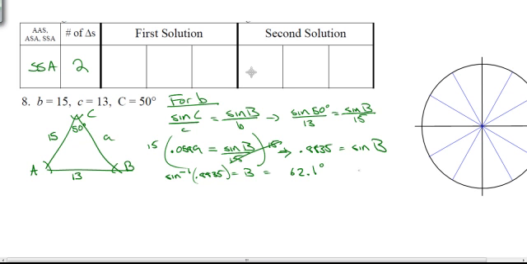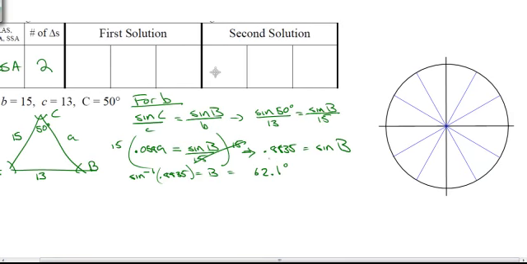Again, this is where we have to stop and say, hang on a second. Is there another possible angle where this y-coordinate, this sine coordinate, is 0.8835? If I go to 62 degrees on my unit circle, which is about up here, this is 30 degrees, that's 60 degrees, and I write out the cosine and sine coordinates, I'm just going to use an x for the x value because we're not concerned about it.